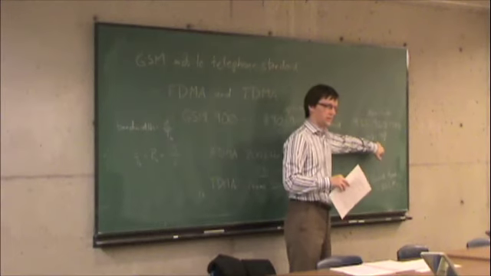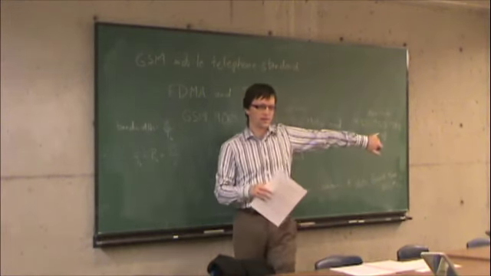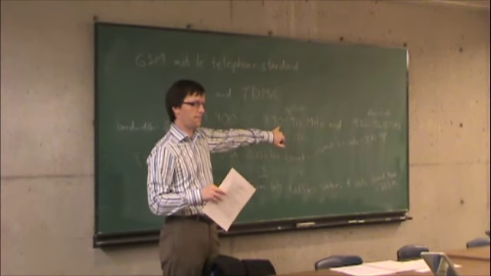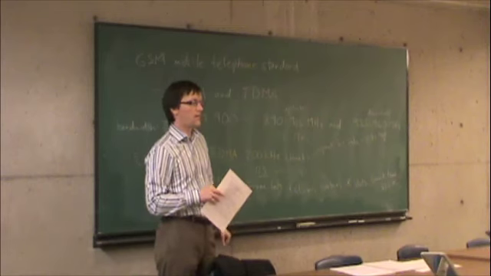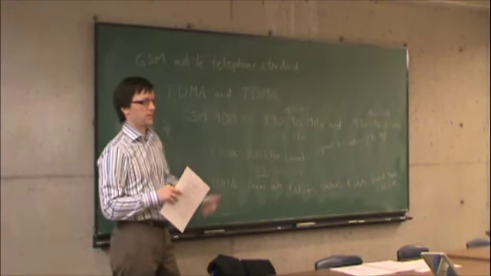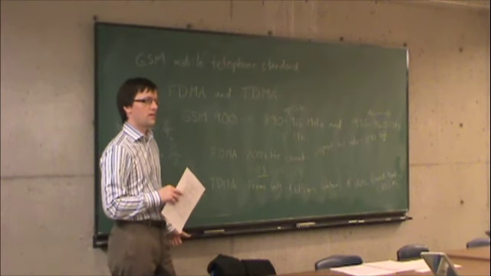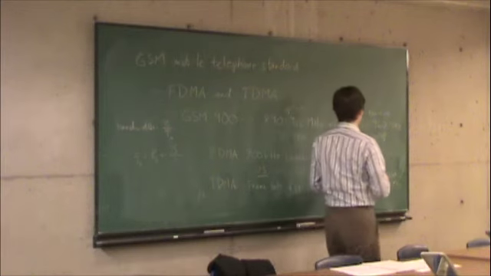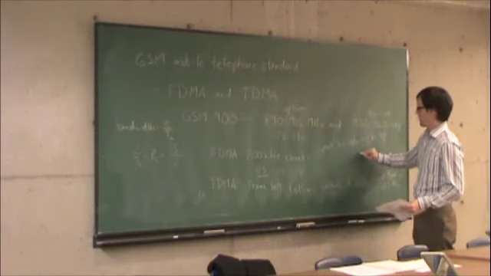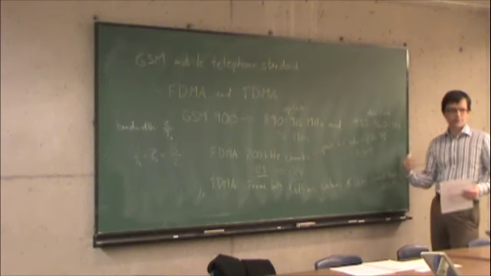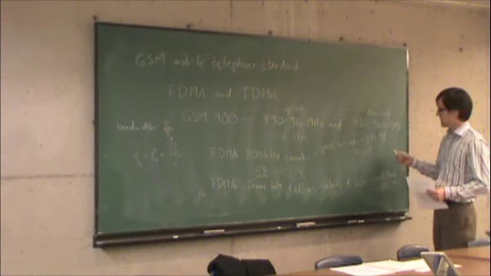So what do you think is going on over here that they get slightly more than twice that bit rate? This is assuming binary. What might be going on? Use a higher encoding, a higher modulation scheme. It turns out they use 4-ary. That would boost you back up to about 200 kilobits per second.